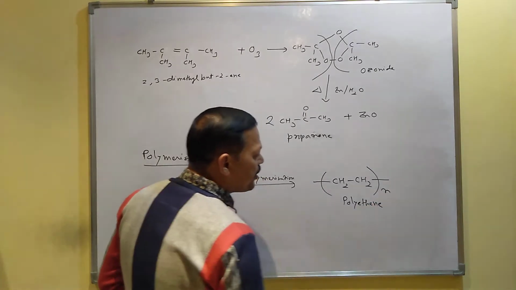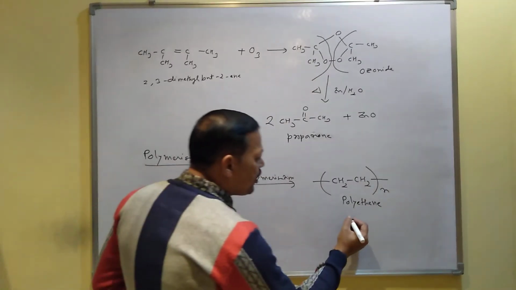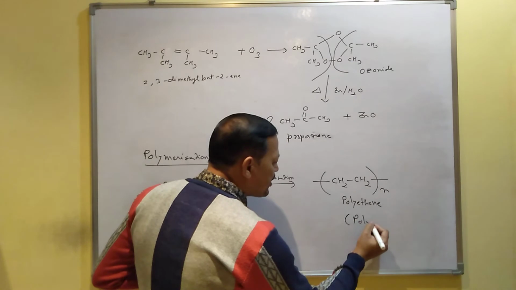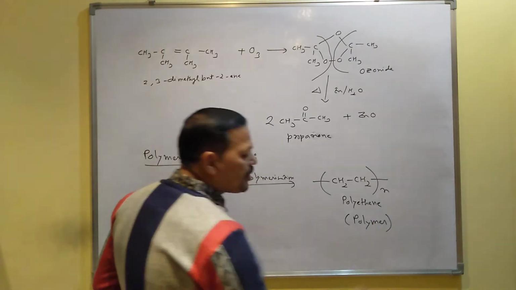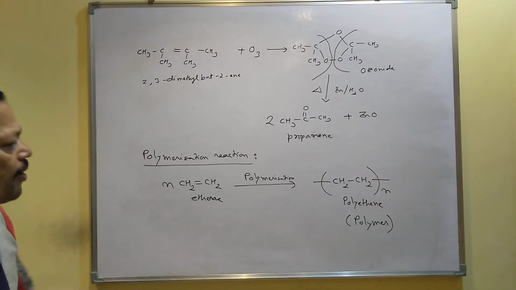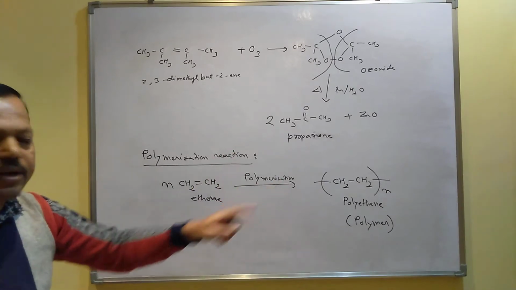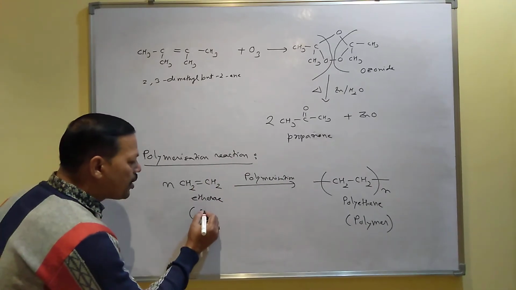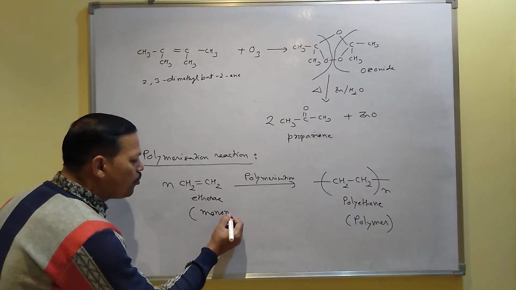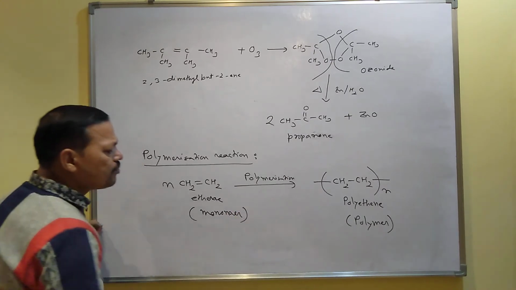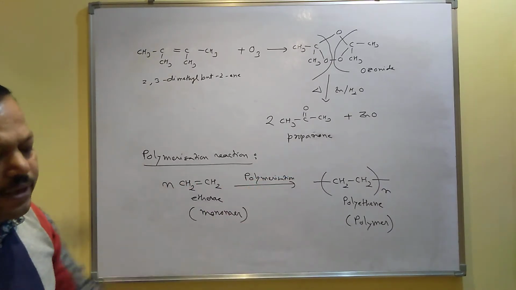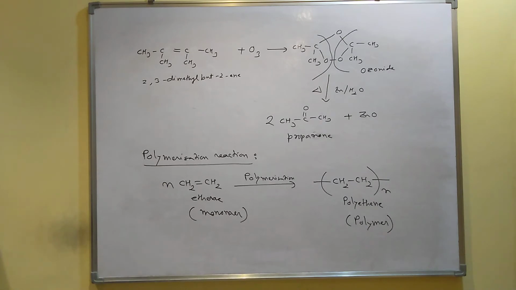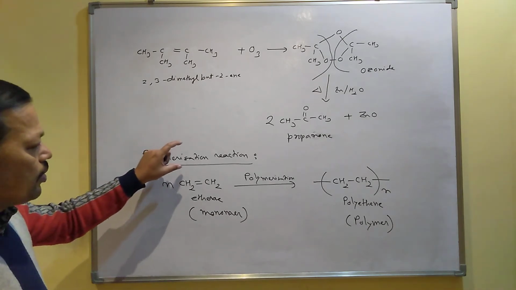So this polyethene is one example of a polymer, and since a polymer is produced, that's why the reaction is called a polymerization reaction. And the compound from which you prepared it is called the monomer. So here ethene is called the monomer.